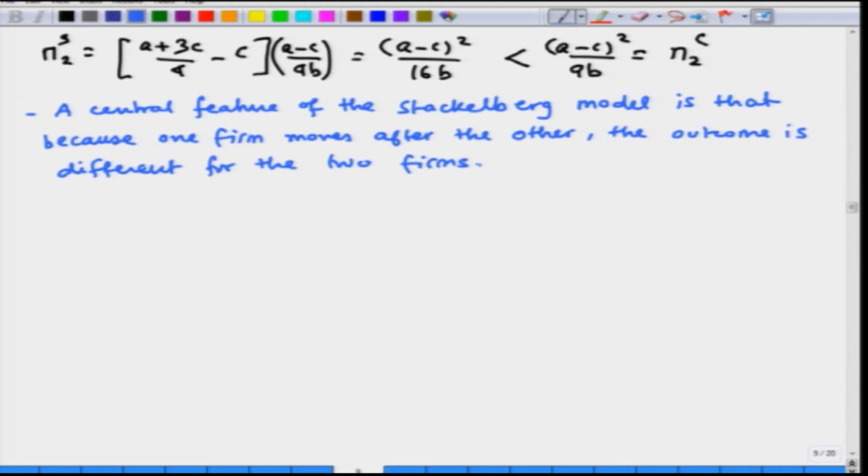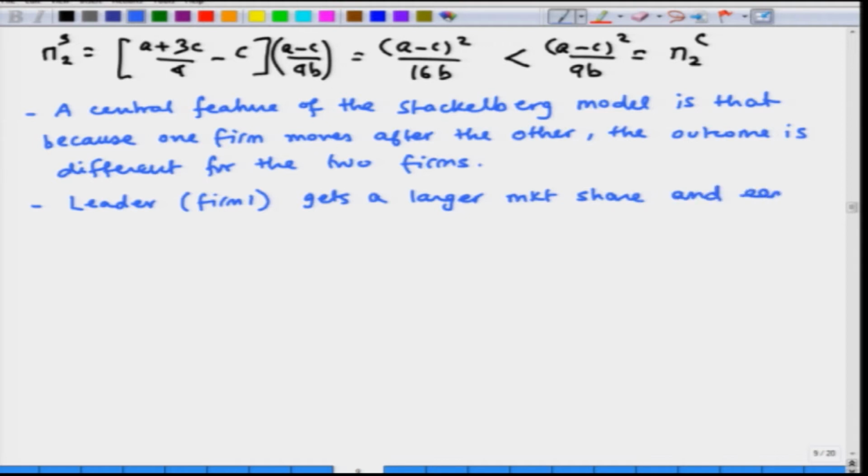Now, the leader, which is firm 1, gets a larger market share and earns a larger profit than the follower.